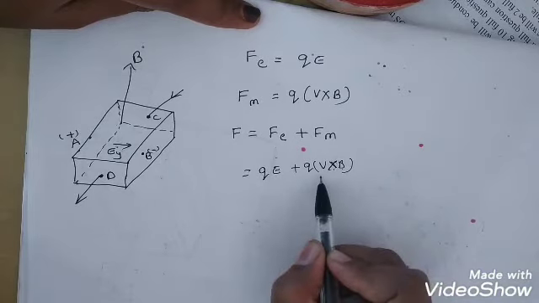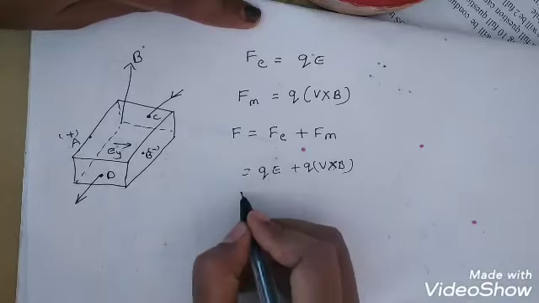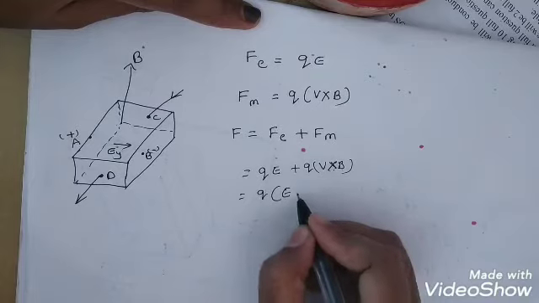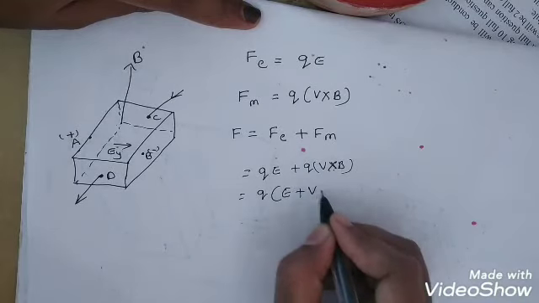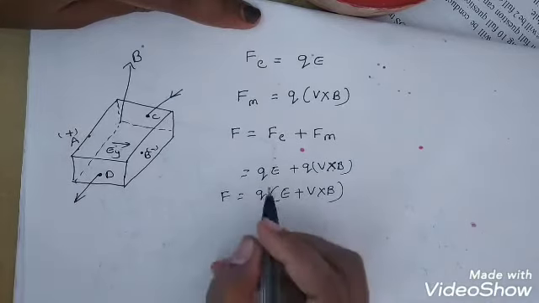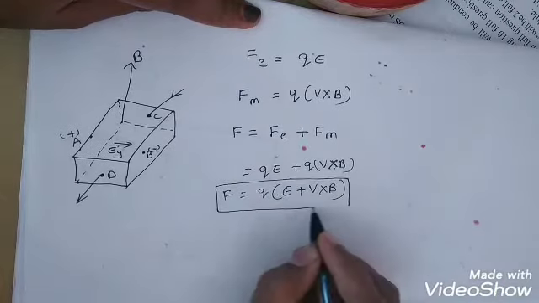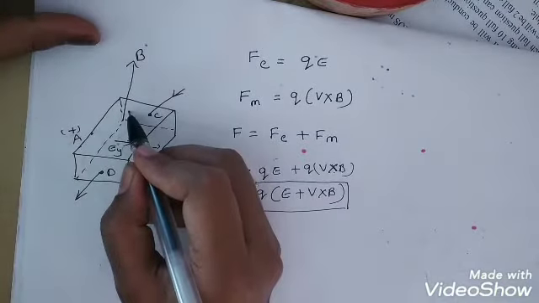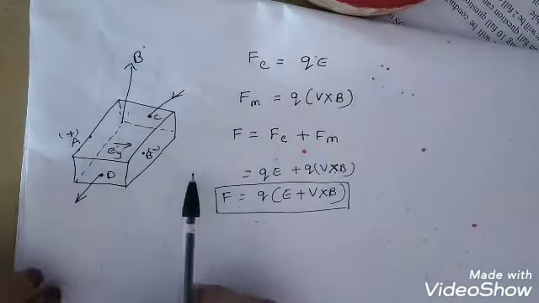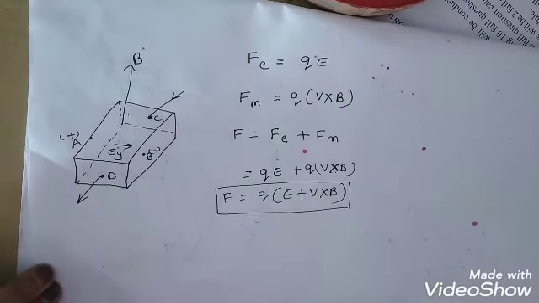So if I take Q as common in this equation, then it becomes Q times E plus V cross B. So this is the force which is applied on the hole which is moving inside a semiconductor material under the influence of electric as well as magnetic field. Clear?